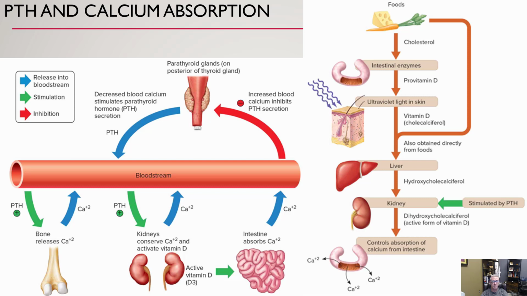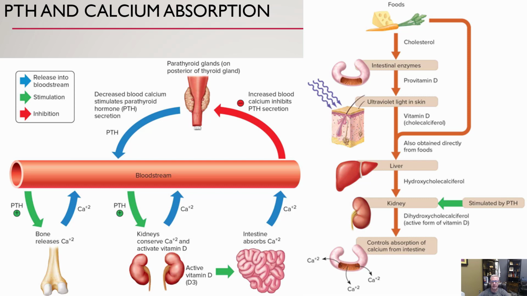Parathyroid glands are on the posterior of the thyroid. Decreased blood calcium stimulates parathyroid hormone secretion into the bloodstream. PTH stimulates bone to release calcium ions, and activates vitamin D. The active vitamin D, or vitamin D3, stimulates the intestines to absorb calcium ions and release them to the bloodstream.